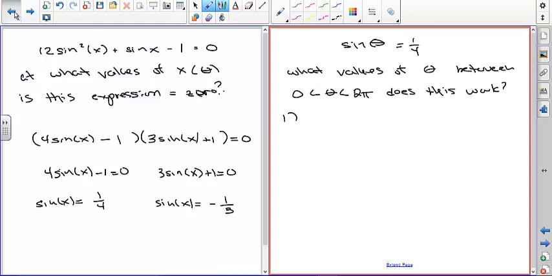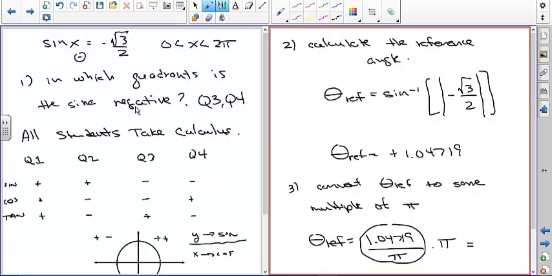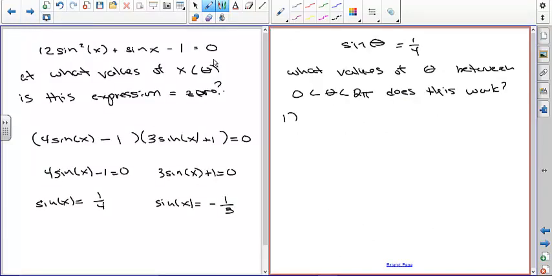What was step number 1? In which quadrants is the sine, in this case, positive?